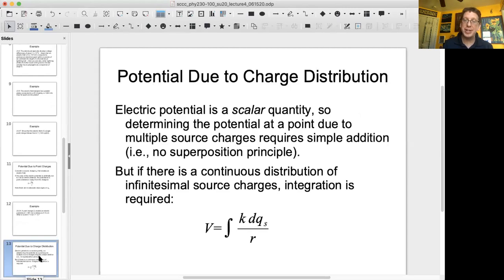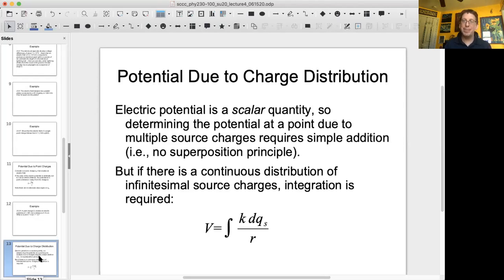Because the electric potential is a scalar quantity, you don't have to worry about three different components. It's just the one value. And so there is no superposition principle involved with the potential. So if you have multiple point charges or a distribution of charges, to figure out the electric potential at a given point, you don't have to add components together or do vector addition.